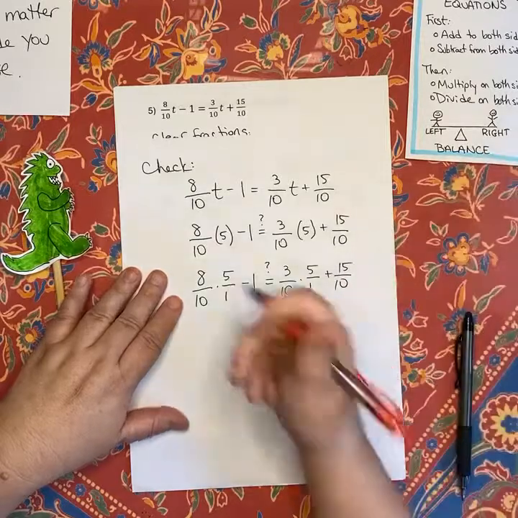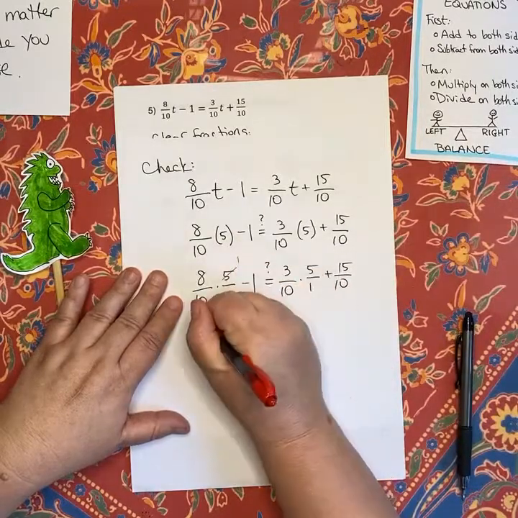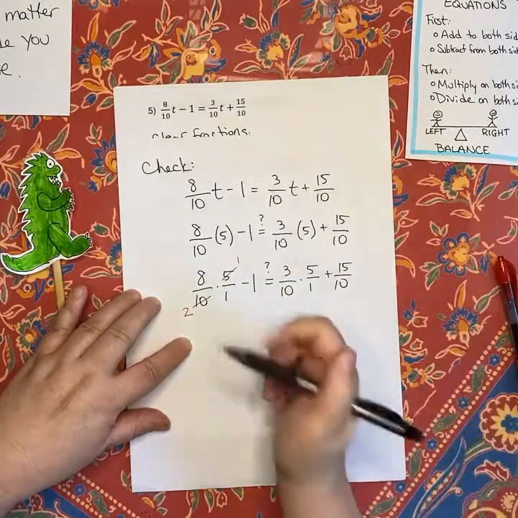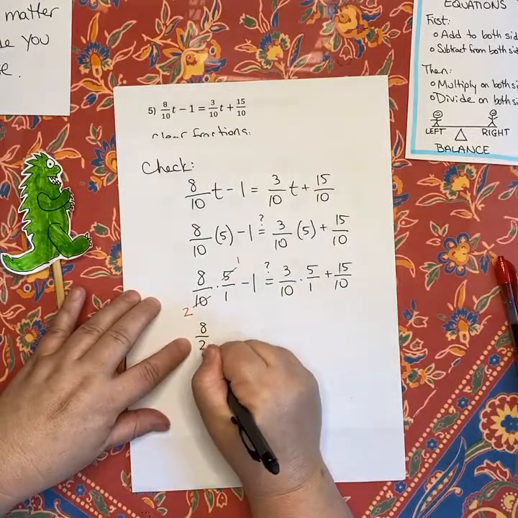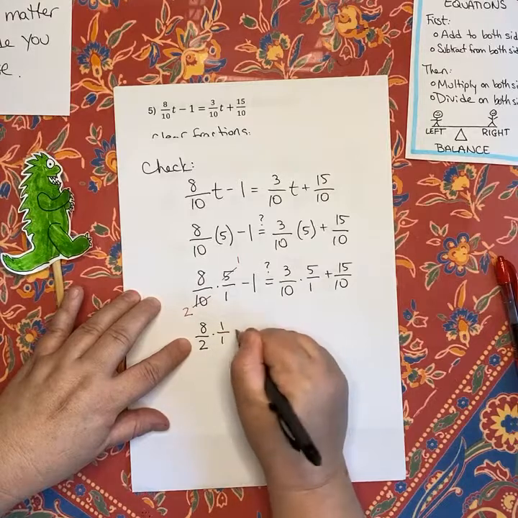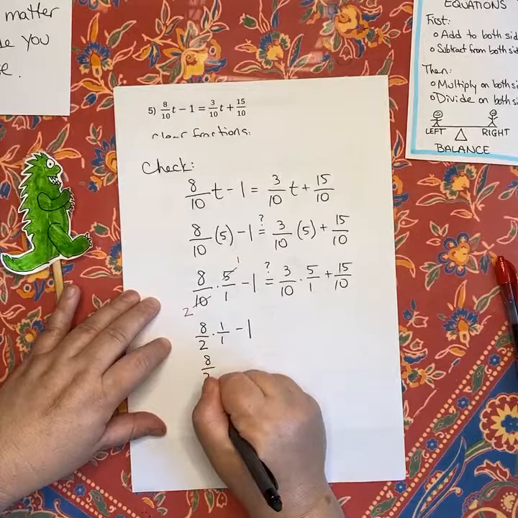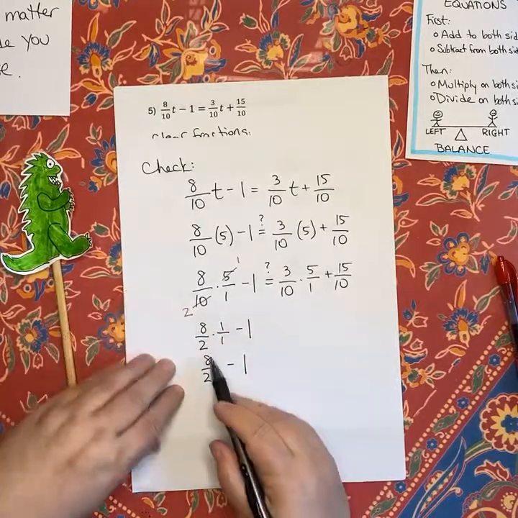And I'm going to say, okay, the 5 and the 10 cancel. So then I've got 8 over 2 times 1 over 1 minus 1. This is just 8 over 2 minus 1. What is 8 over 2?